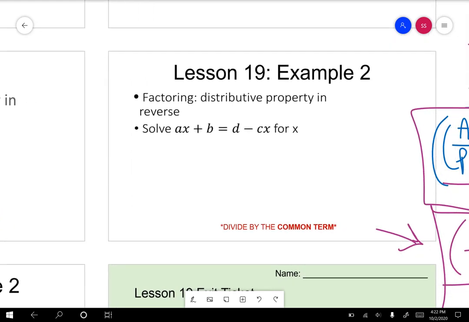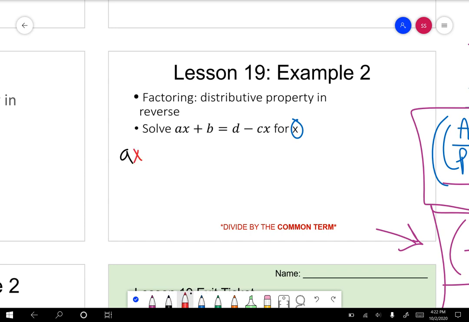Okay, so let's look at this one. We have a times (x plus b) equals d minus c times x. In this one, we are solving for x. So I'm going to rewrite this.